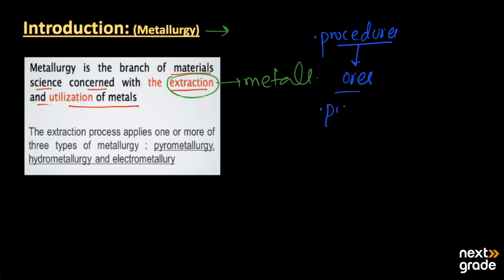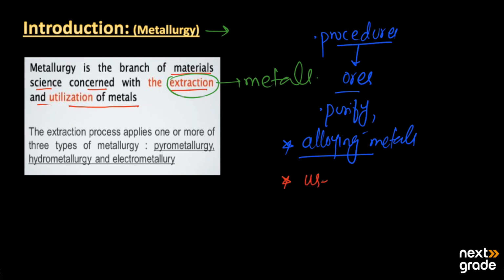The next process is to purify the metals, then they may be alloyed. A metal is added into another metal to make alloys, and then useful objects are created from the metals.